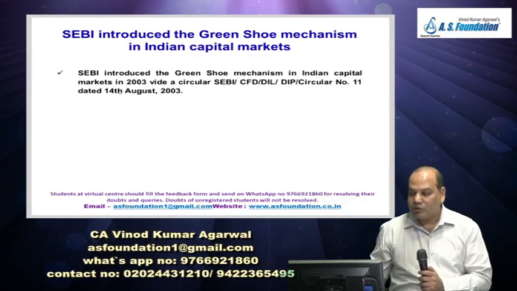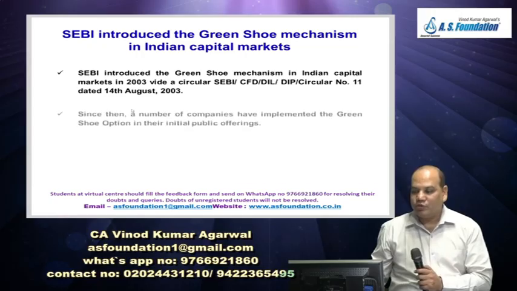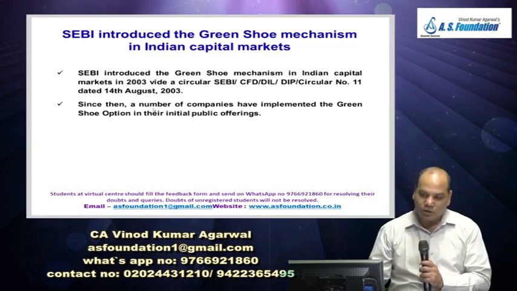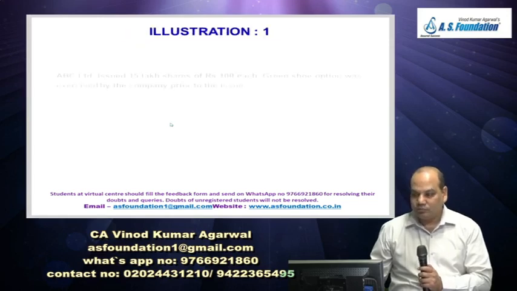In which year was it introduced? 2003. And there is a circular which SEBI has issued, SEBI, CFD, DIL, DIP, circular number 11. This you don't have to remember. Maybe at the most the year 2003 was the year when greenshoe option was introduced in the Indian capital market. And since then a number of companies have implemented greenshoe option.